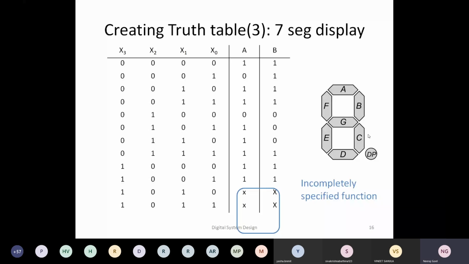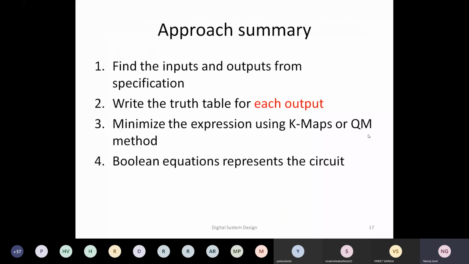Now, I can summarize this truth table creation method like this: first I will find what are the inputs, what are the outputs. Then I will enumerate all the inputs and write the output for that input combination. The third step is minimizing the expression for each output.